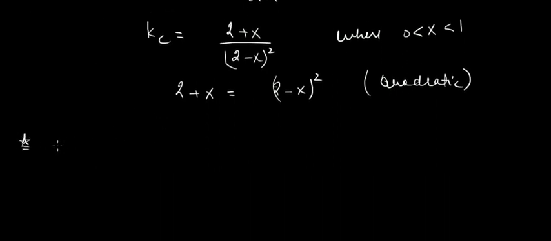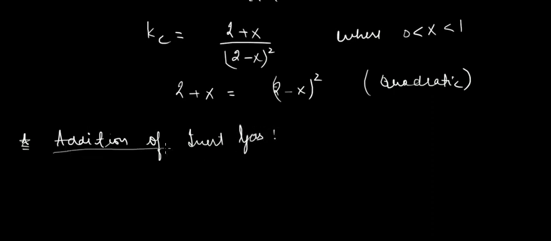Next, let's say we have addition of inert gas into the reaction mixture. So what happens on the addition of inert gas? Let's suppose the gas is added at constant volume.